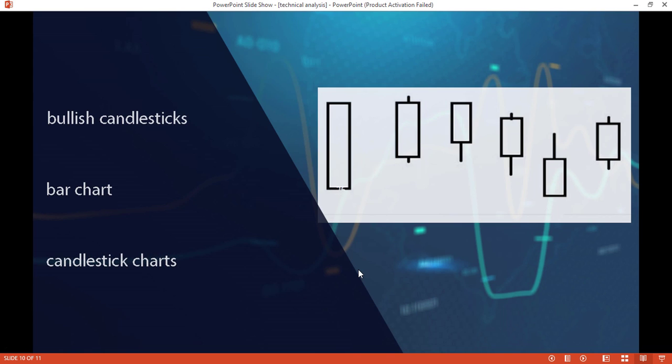Let's talk about the most powerful candle. This candle, on the left side, is the most powerful candle. Price starts from here and ends here. We have no shadow. In most cases, shadows show us the uncertainty of the market.